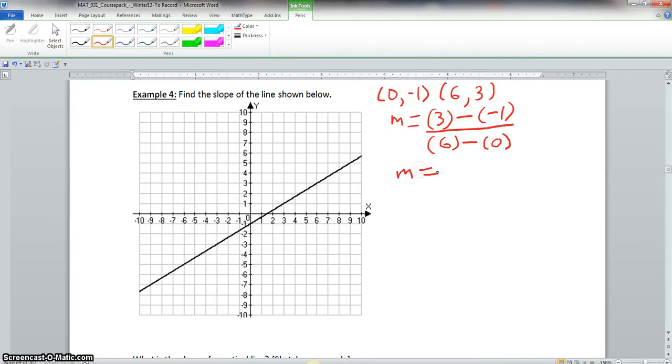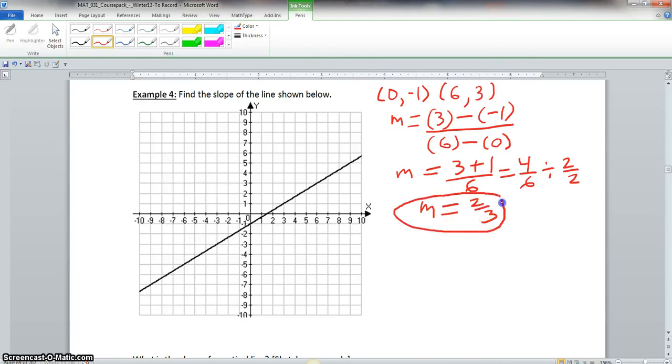So we will have our slope as 3 plus 1 over 6 minus 0, which is 6. So 3 plus 1 we know is 4, and that's 4 over 6. Now we could divide both of these values by 2, and we will have our slope is equal to 2/3.